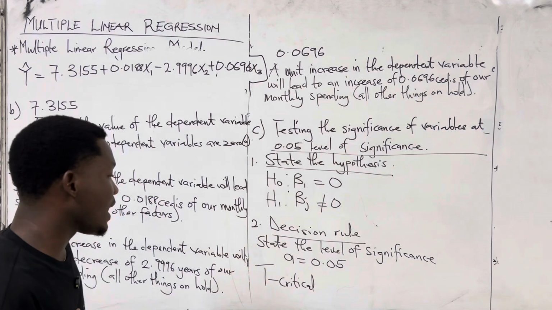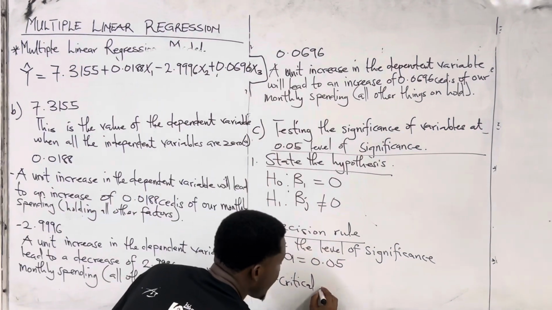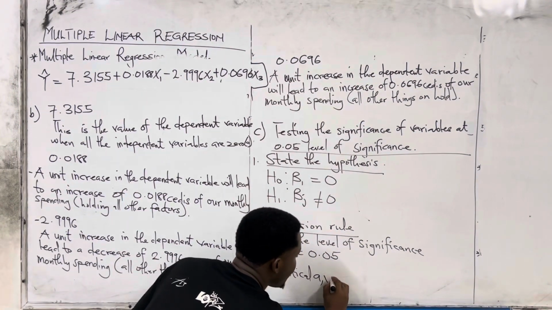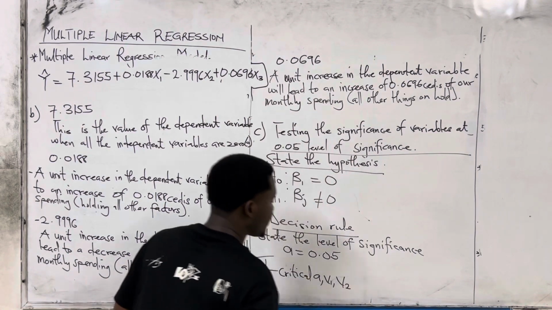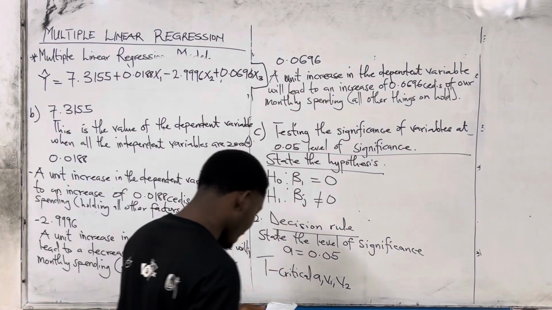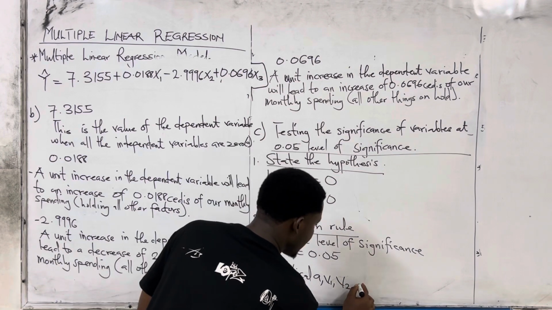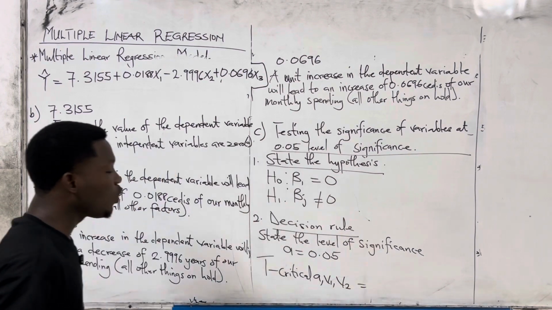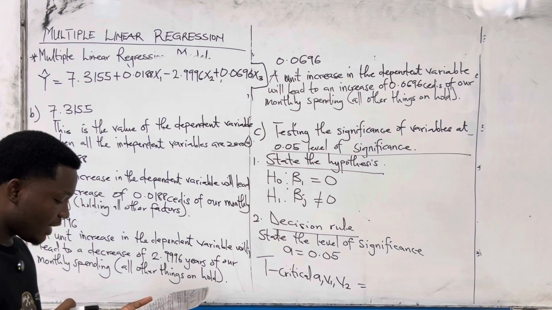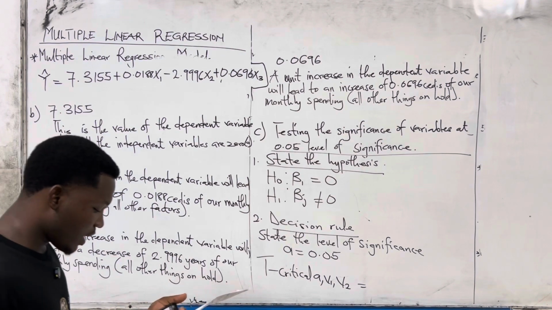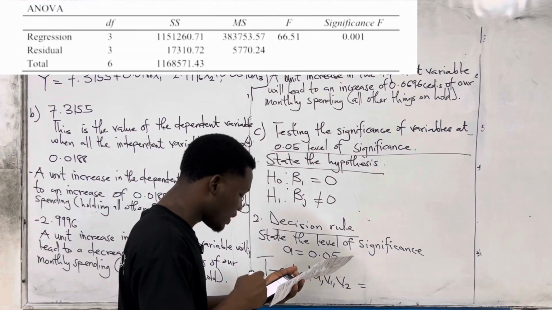In the explanation, I said we have the alpha, we have the v1, and then we have the v2. So we have to state it. And looking into the question, as I explained earlier, the v1 is the regression and the v2 is the residual.